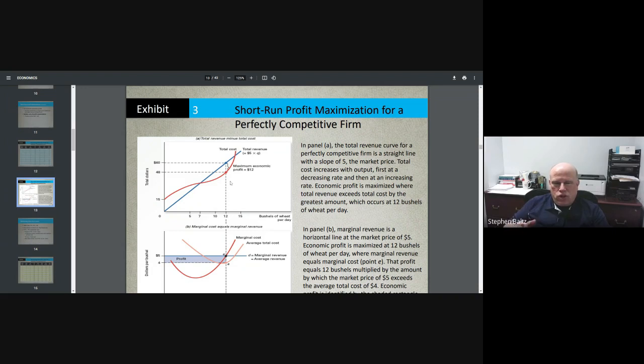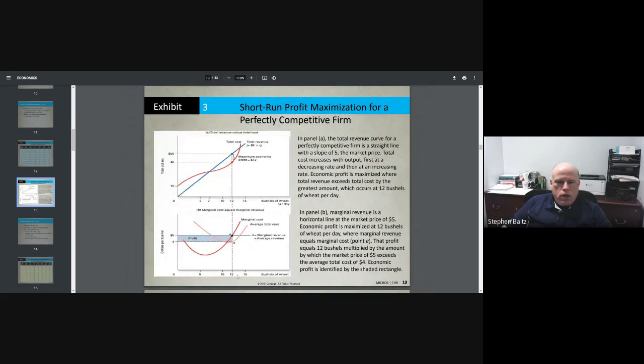So basically, if you're looking at total values, total revenue and total cost, you're going to find on a graph that in order to maximize profit, you're looking for the point where total revenue exceeds total cost by the greatest amount. At that same production level, it's also going to be the same point where your marginal revenue equals your marginal cost, which in this case is point E on this graph.